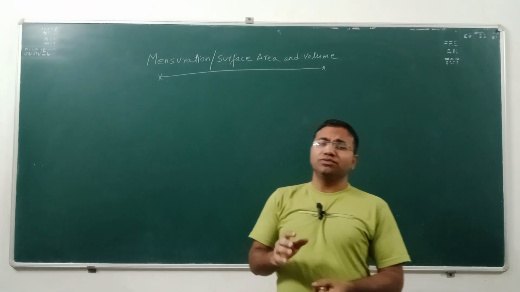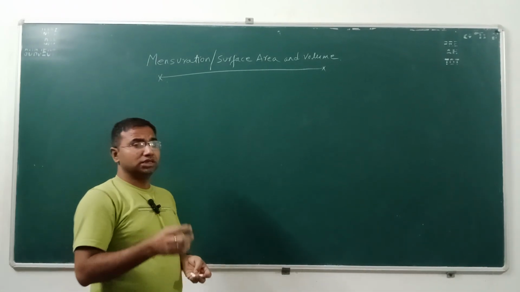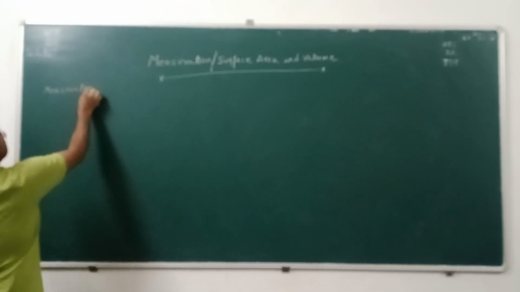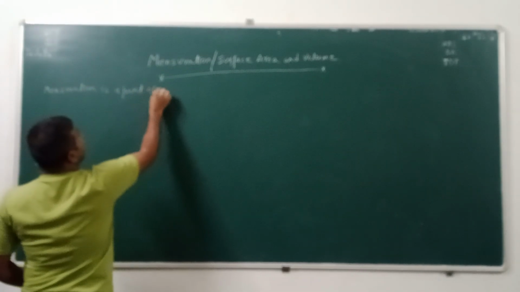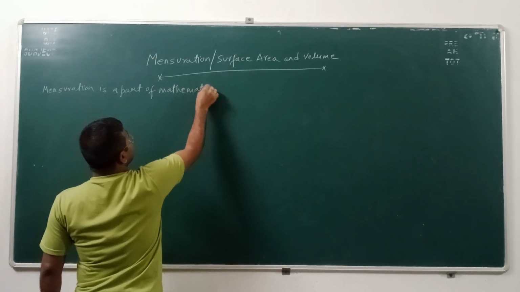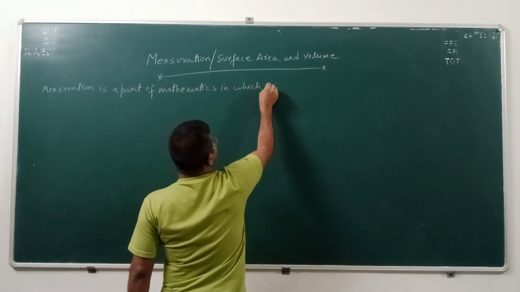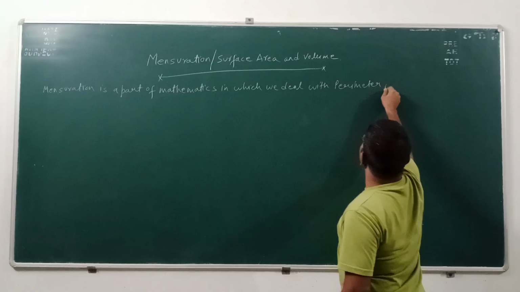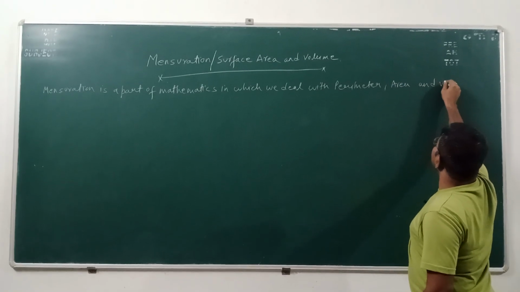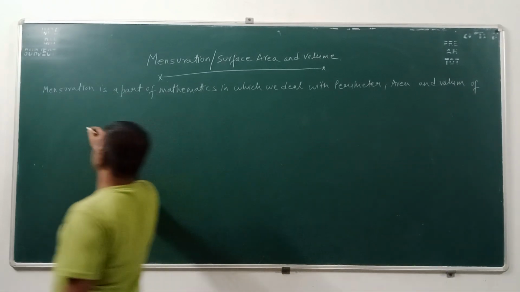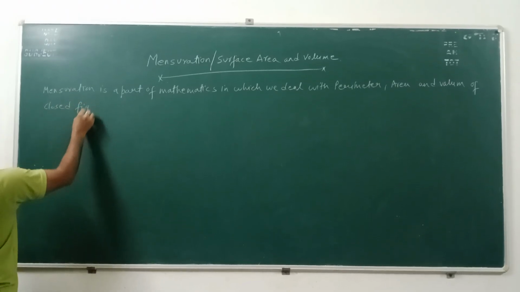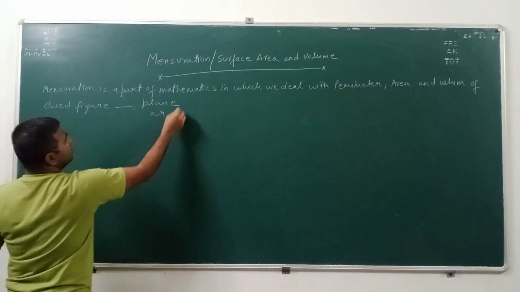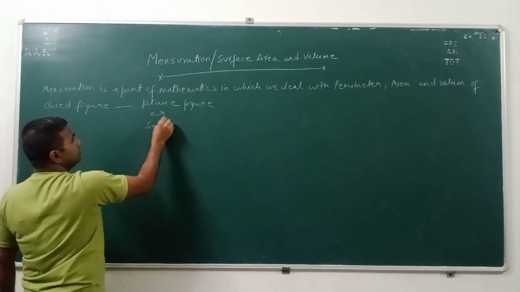Mensuration is a part of mathematics in which we deal with the perimeter, area and volume of closed figures. A closed figure can be a plane figure or a solid figure.